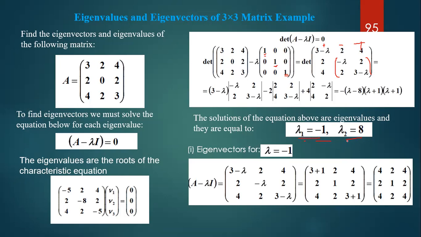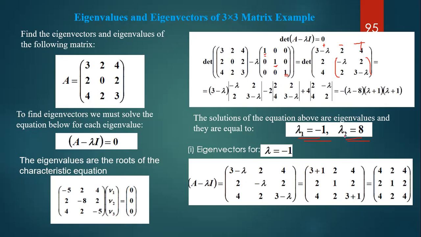Okay, so let's take for eigenvector lambda is equal to minus 1. Let's calculate. This is the equation. Okay, let me substitute in this equation instead of lambda, minus 1. Again here, minus lambda, minus 1, plus 3 plus 1.